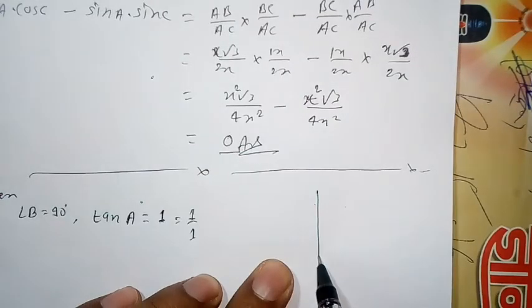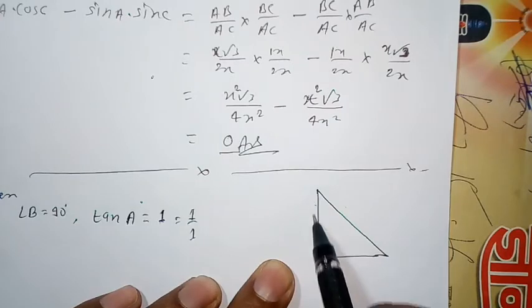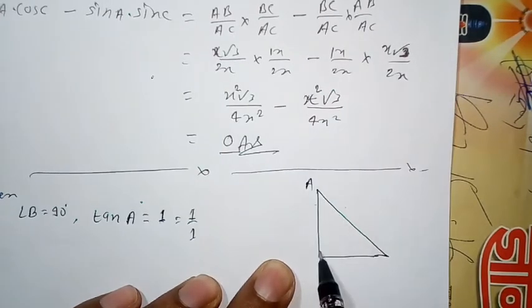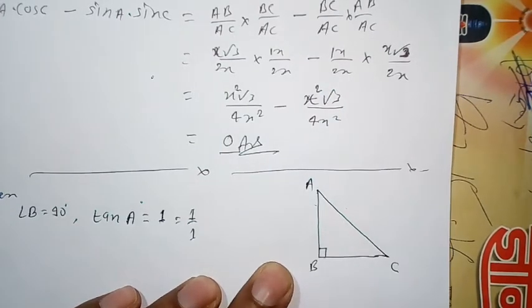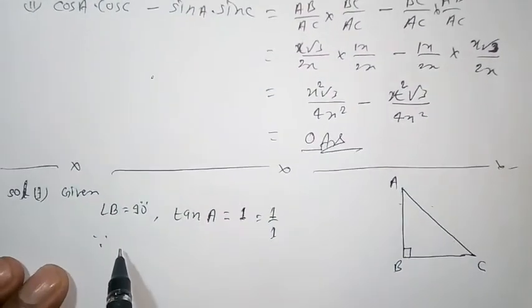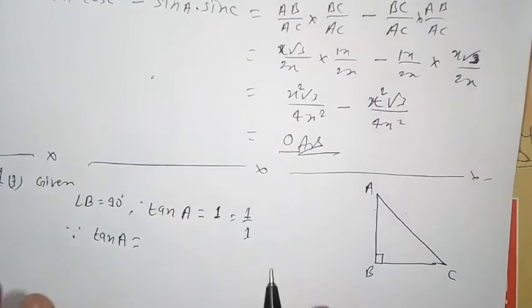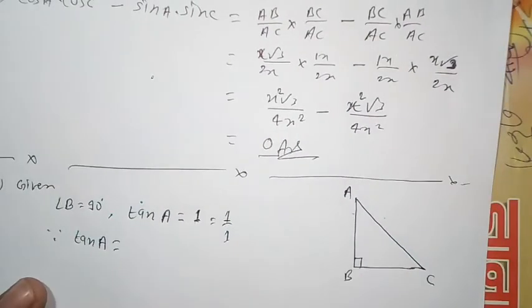Now I am drawing a picture of triangle ABC where angle B is equal to 90 degrees, because tan A, that is tan theta, is equal to perpendicular by base.